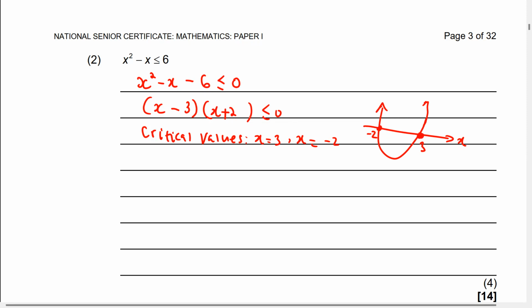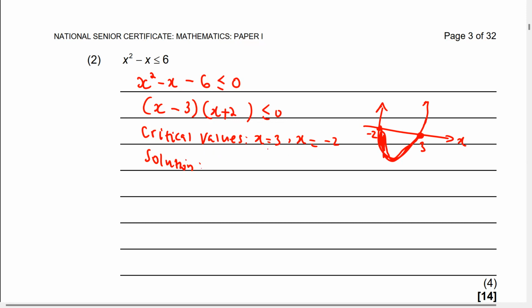And so now if this is less or equal to 0, we're looking at where it's negative. So it is negative over here, below the x-axis, and therefore you'd have a solution.